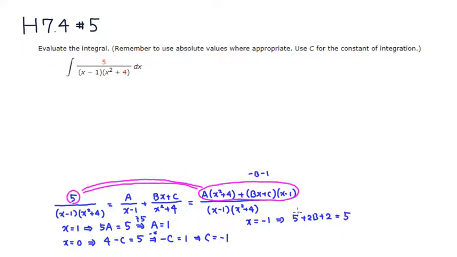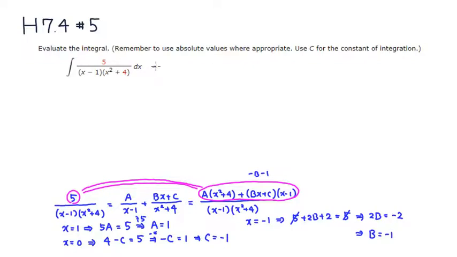Right? So we can cancel 5 and 5 on both sides. This gives you 2B is equal to negative 2. So we know that B is negative 1. Alright, so we got everything.